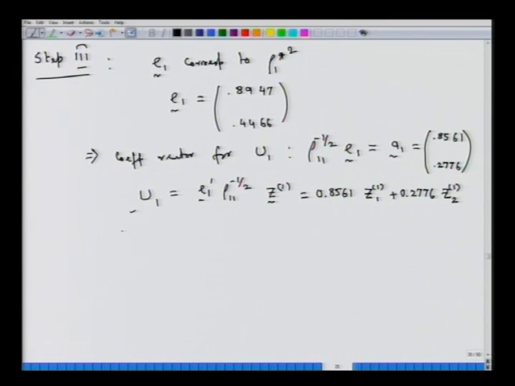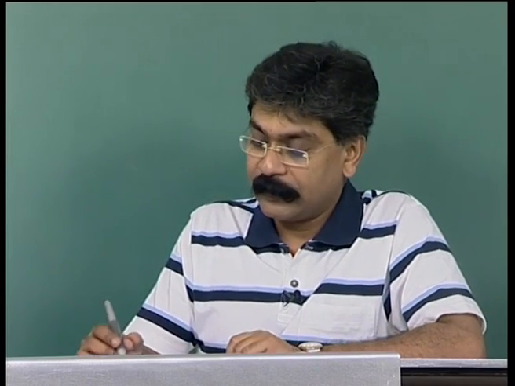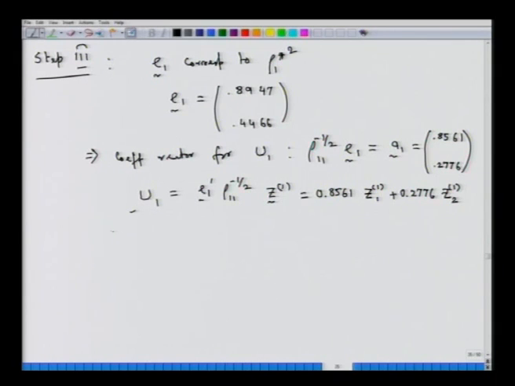Now, we move on to look at how to compute the V 1 vector, the canonical variable corresponding to the Z 2 variables. In order to get to that, we would require the F 1 vector. Now, we realize, as we have seen in the theoretical lectures, that this F 1 is proportional to rho 2 2 to the power minus half times rho 2 1, multiplied by rho 1 1 to the power minus half times E 1.